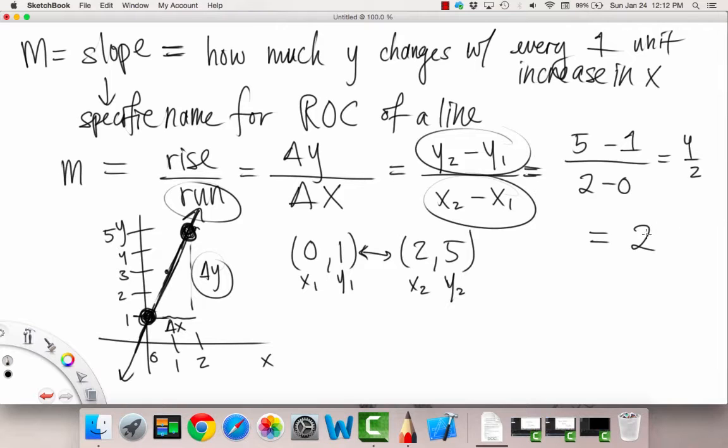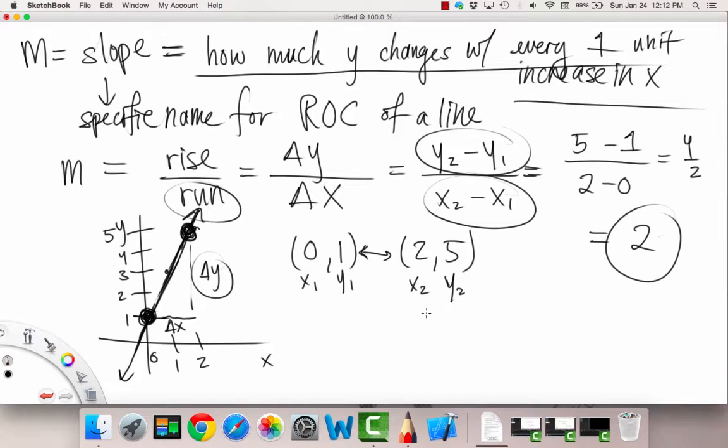So this is our slope. This means, if we look at the definition up here, or the interpretation, how much y changes with every 1 unit increase in x. So a slope of 2 means that our function is increasing 2 units in the y direction for every 1 unit increase in the x direction.